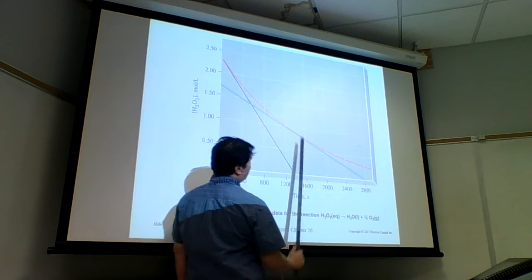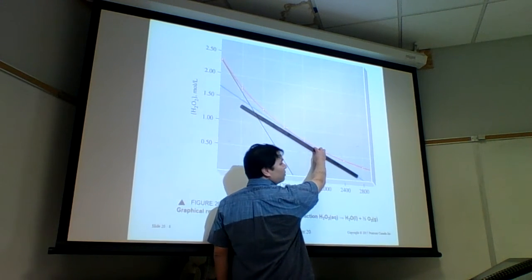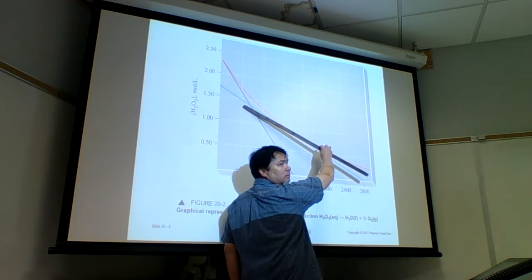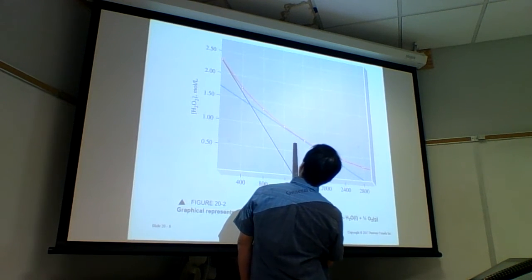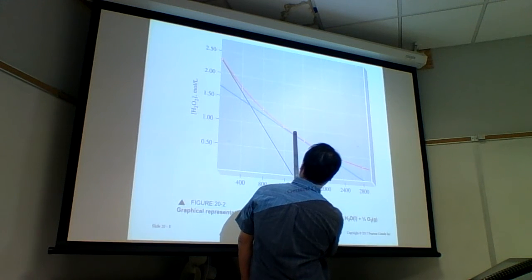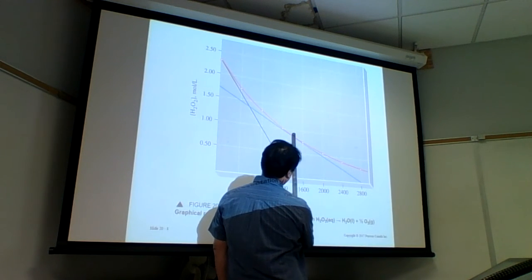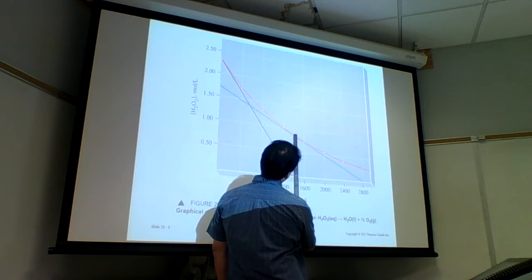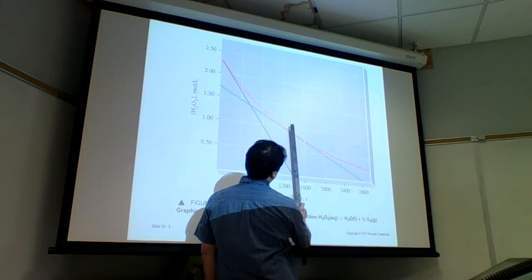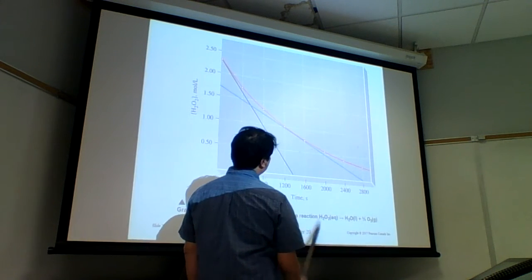But once we hit time 1600, it's slowed down quite a lot. And this is not 1600, is it? This would be around here, halfway between, 1400. Around 1400, the slope of this would be an instantaneous rate.